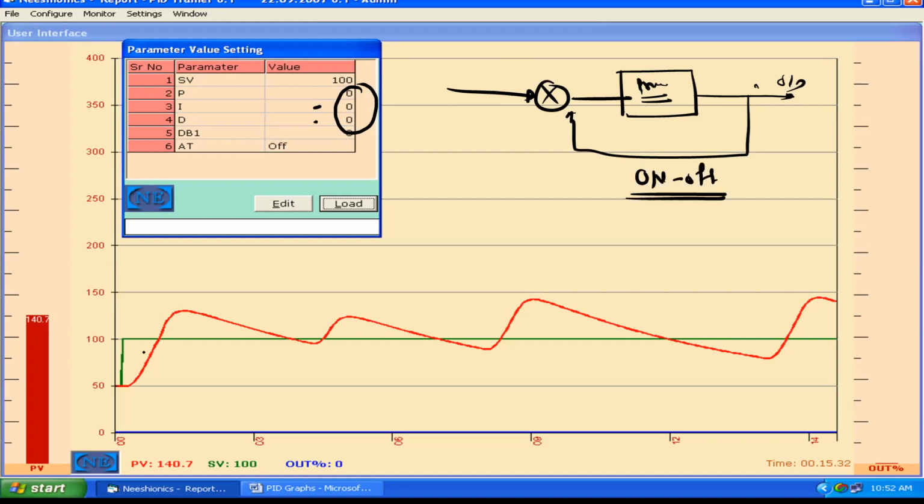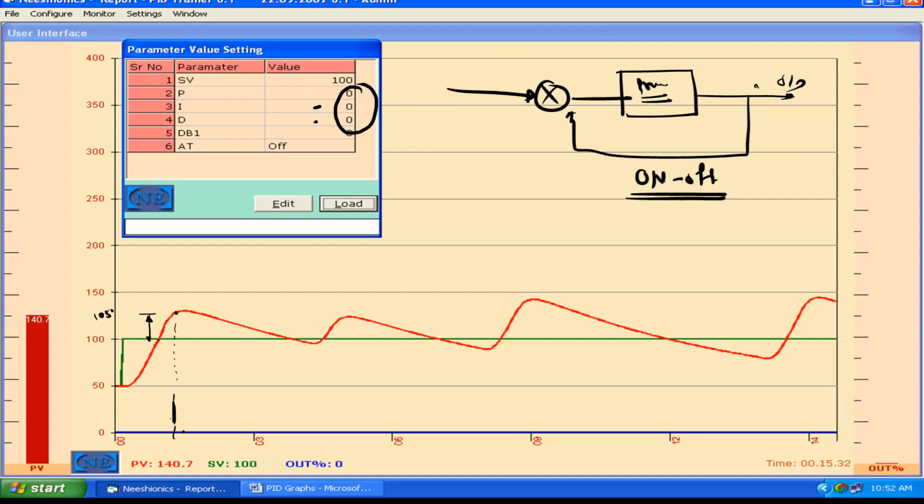On-off means what? When we set the temperature to 100 degrees Celsius, then after a particular time there is some limit. Let us take this as 105 degrees Celsius. At this point, the controller will automatically turn off the current supply to the process.